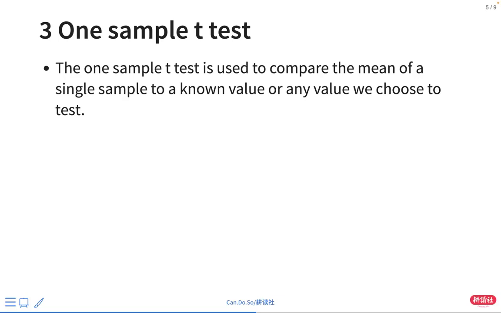For example, if we knew the population mean is mu, then we can test whether the sample's mean equals the population's mean. And if we don't know the population mean, maybe we can test the sample mean against a specific value.